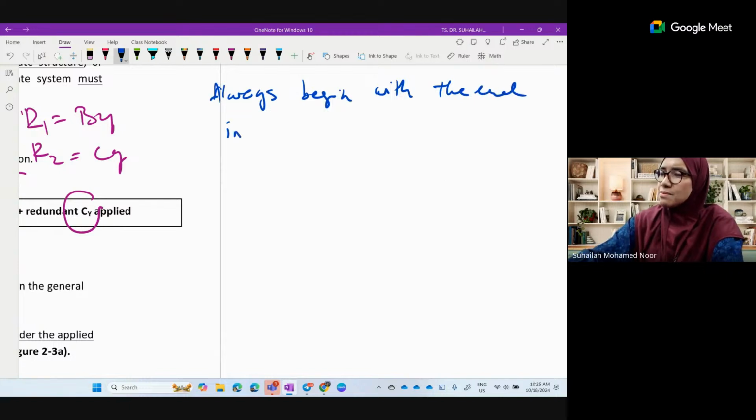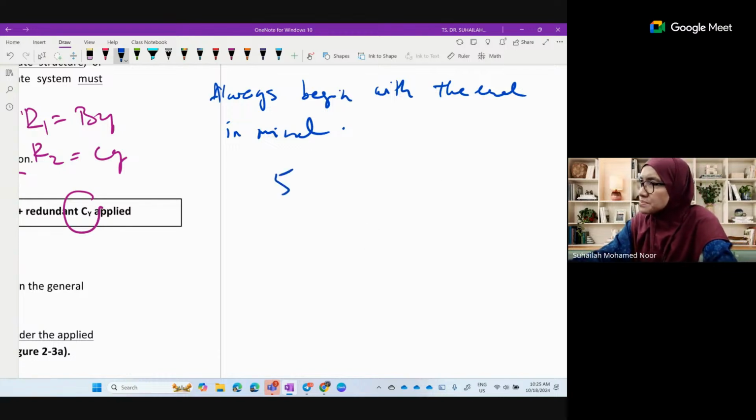The end in mind is 5 unknown reactions. These 5 split into 3 and 2.